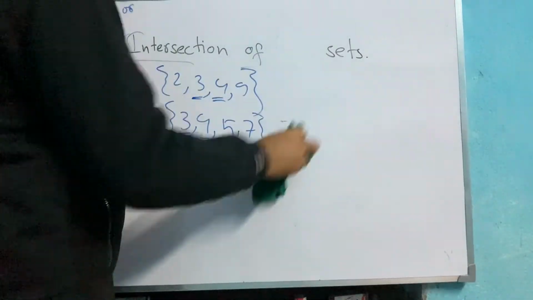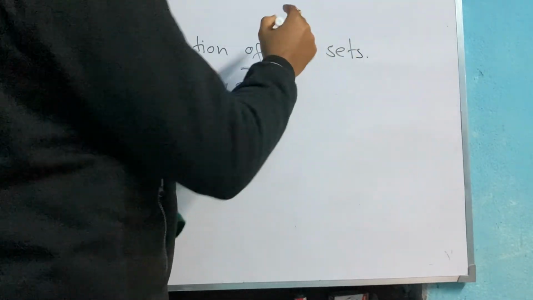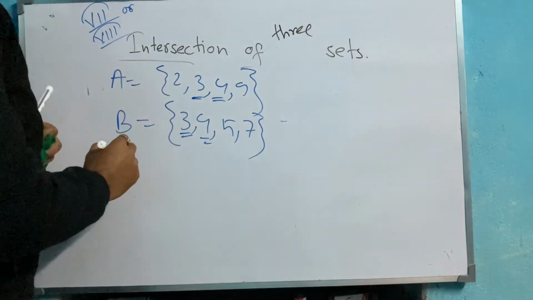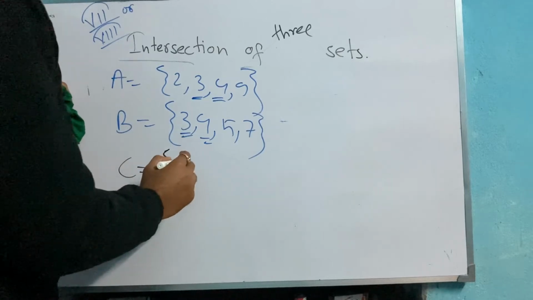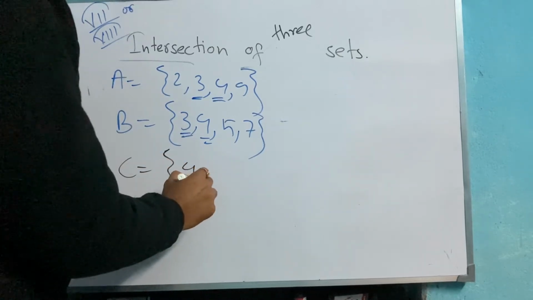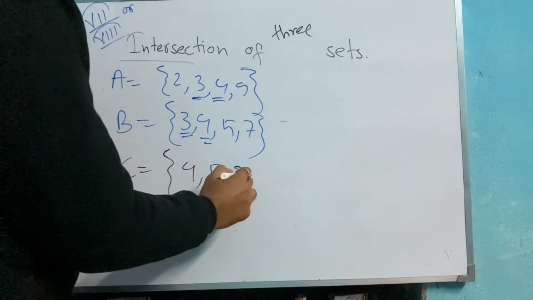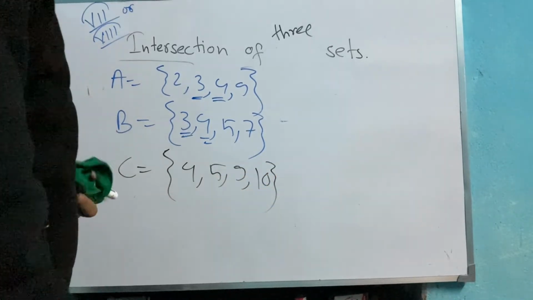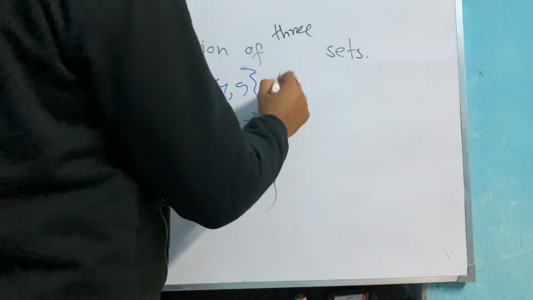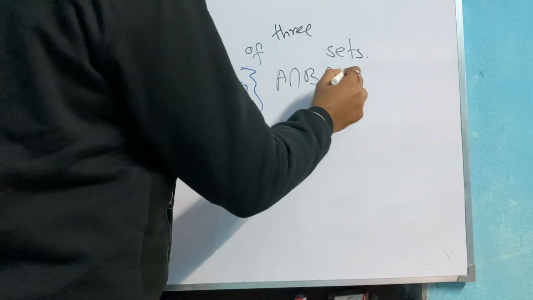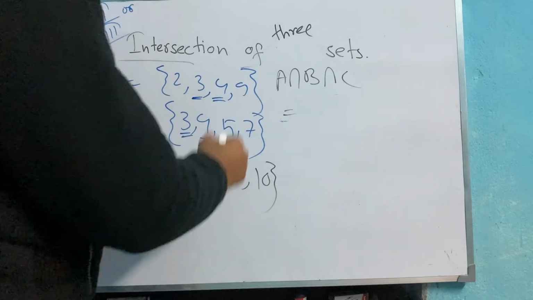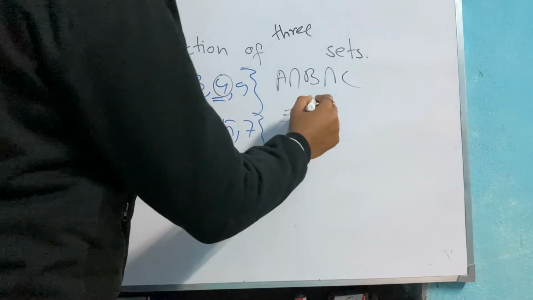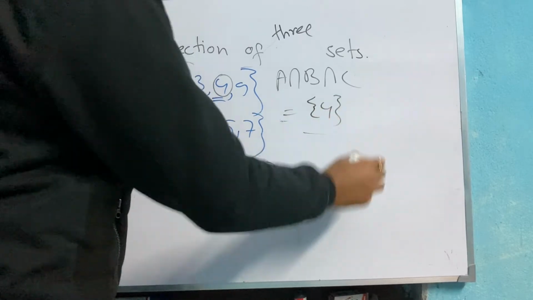If someone gives you 3 sets, and there it's given that the third set is 4, 5, 9, 10, what will be the intersection of these sets? A cap B cap C. That will be the common element, 4. So the set will be 4 only.